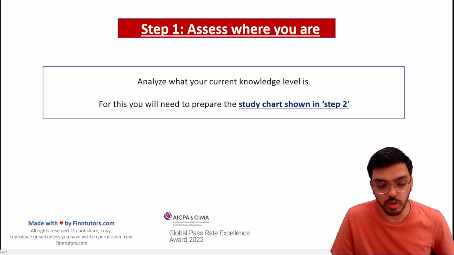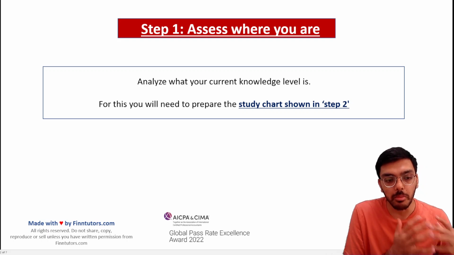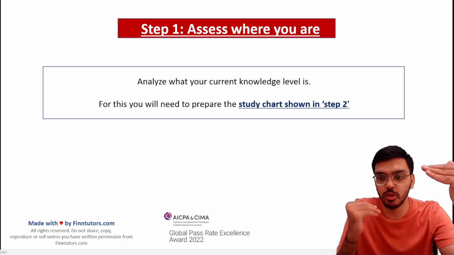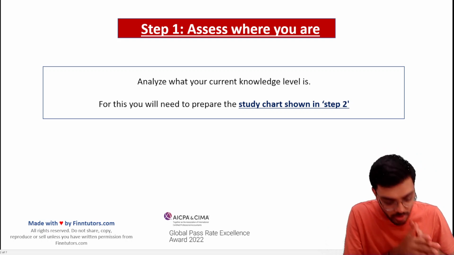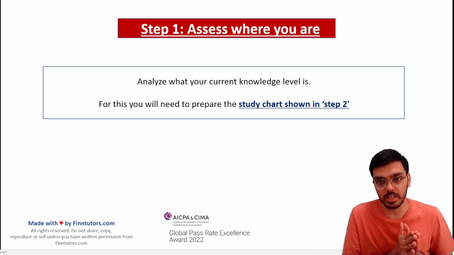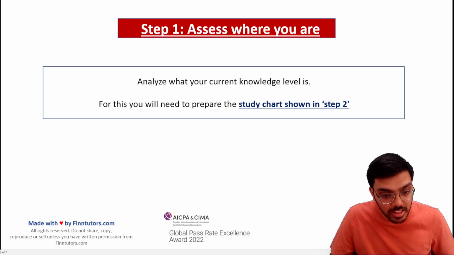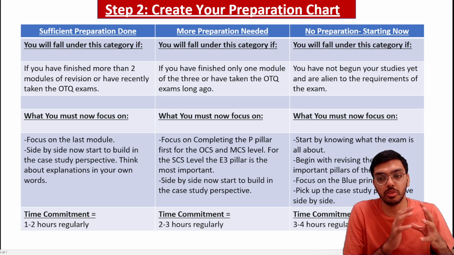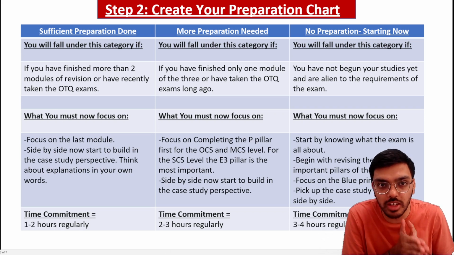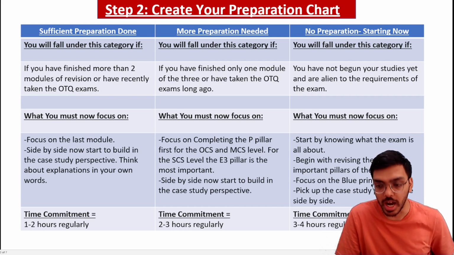Because you know where you want to go, which means you want to pass the exam. But to reach there, you will first have to know where you are. So where are you right now? Right now, what is my level of study? So to understand right now where you are, what your situation is, you will have to create your preparation chart.